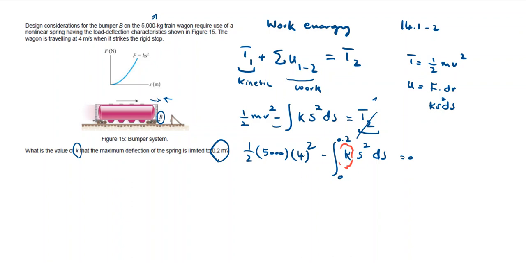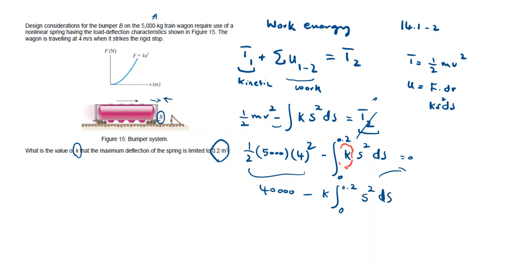So half of 16 is 8, so that is 40,000, minus, I will do this integral for you, k, we need to integrate with respect to s, so k has to be treated as a constant. We take it out of the integral, so between 0 to 0.2 of s squared ds.